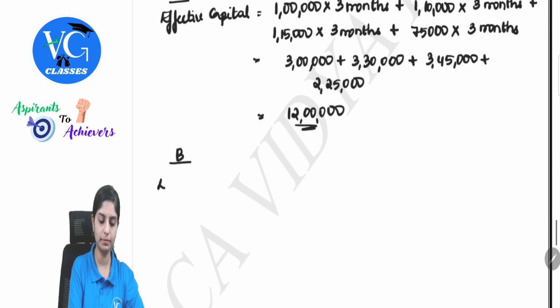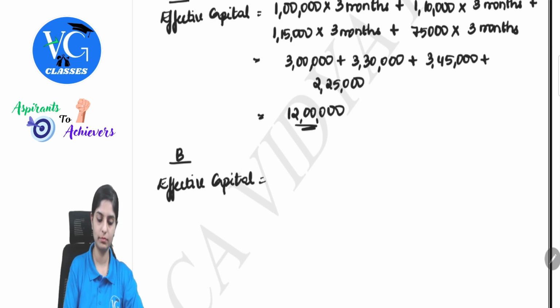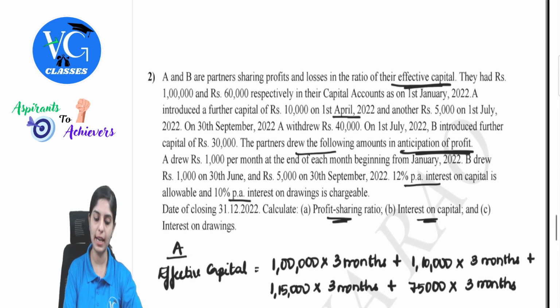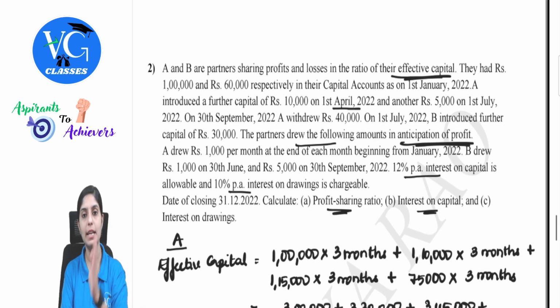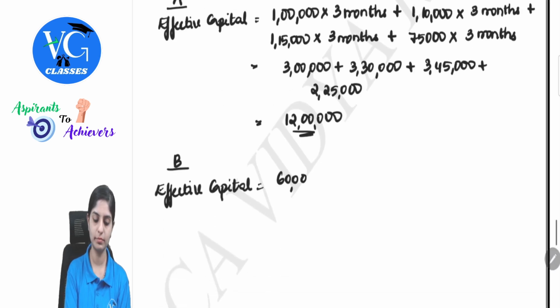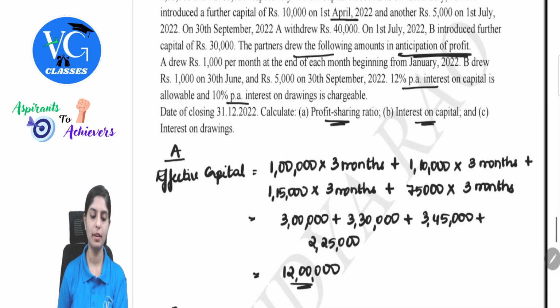Similarly for B, effective capital. B on 1st July, we introduced further capital of 30,000. So from 1st of Jan, his balance was 60,000 that was present up till 30th June. So Jan, Feb, March, April, May and June. 6 months, 60,000. Further, what happened?